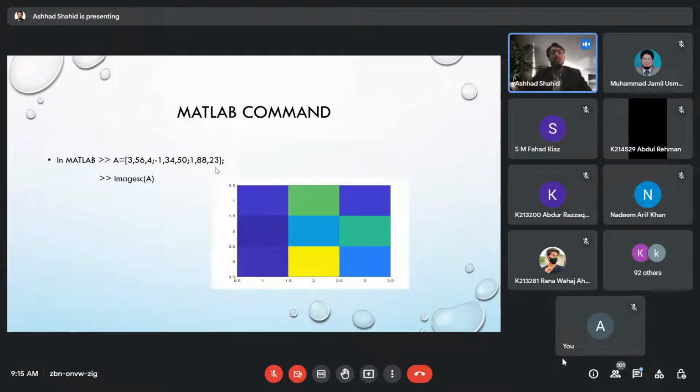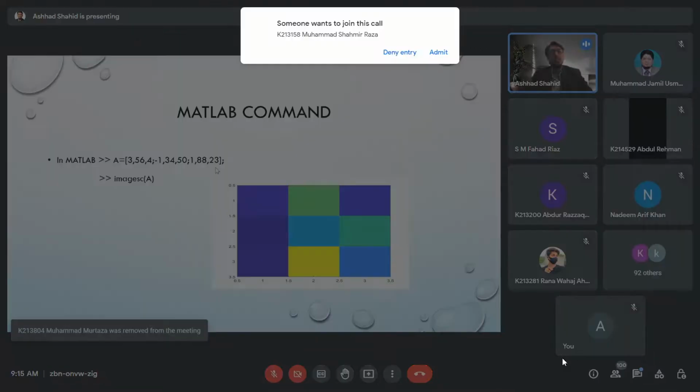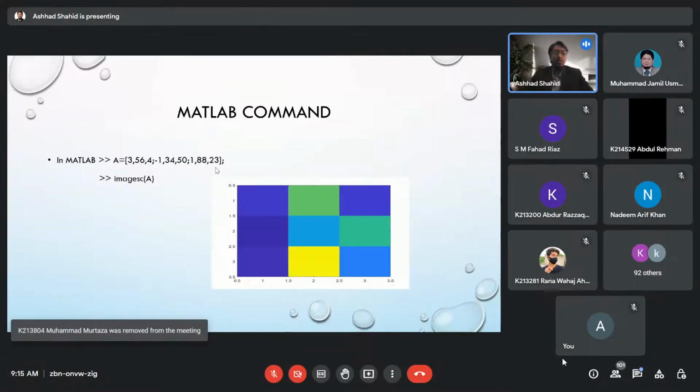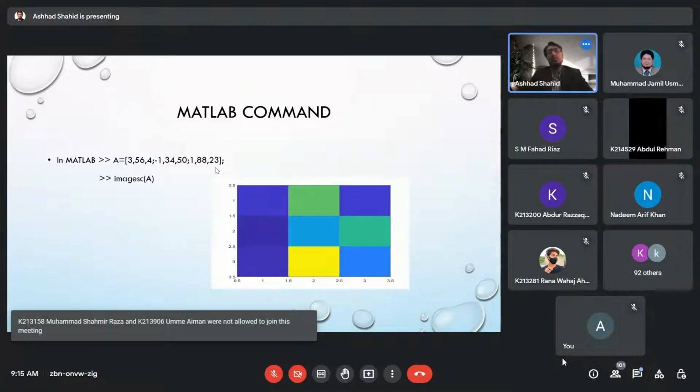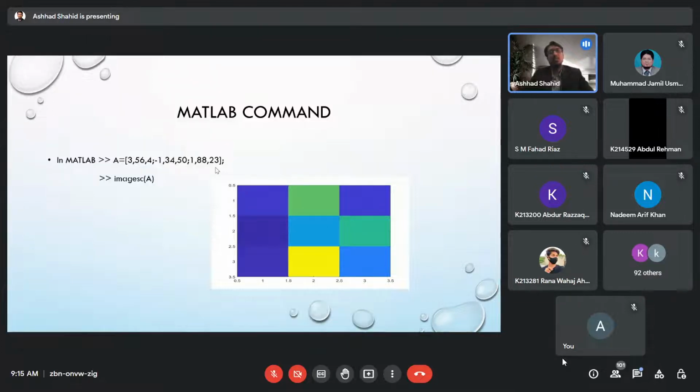Now you can see we have different colors, different sorts of pixels. This matrix command is now being used in computer graphics. An old picture that was previously captured in grayscale can now be converted to a color form.